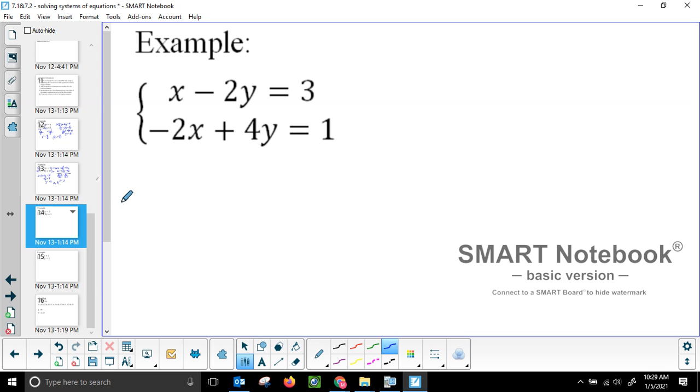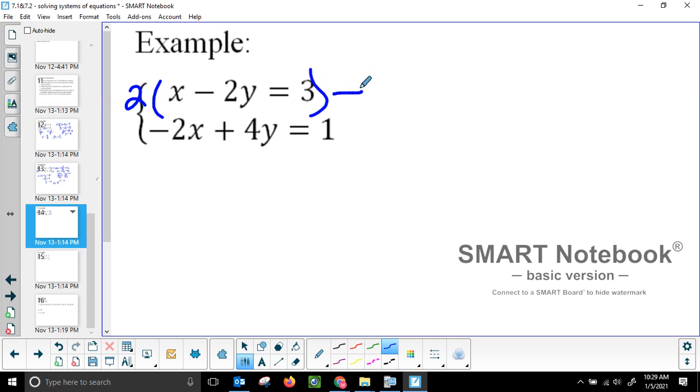All right, so let's go ahead and take a look at this one. All right, again, it doesn't matter which variable we're going to eliminate. I can notice very easily that if I multiply this top equation by 2, that I'll have opposite leading coefficients.